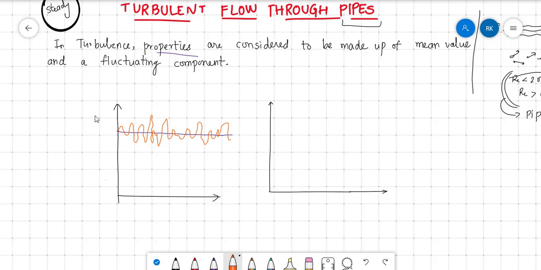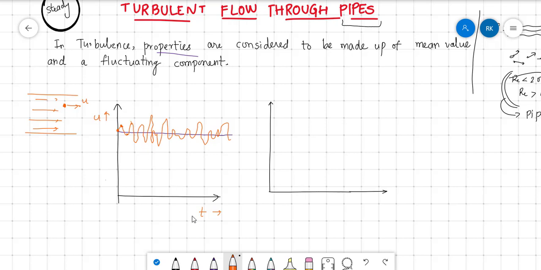For example, I am saying this is u and this is time t. In this flow, if I consider a particular point, at this point the velocity is u in this direction. At time t1, the velocity is this much, and at time t2, the velocity is a little bit more, and here the velocity is less.